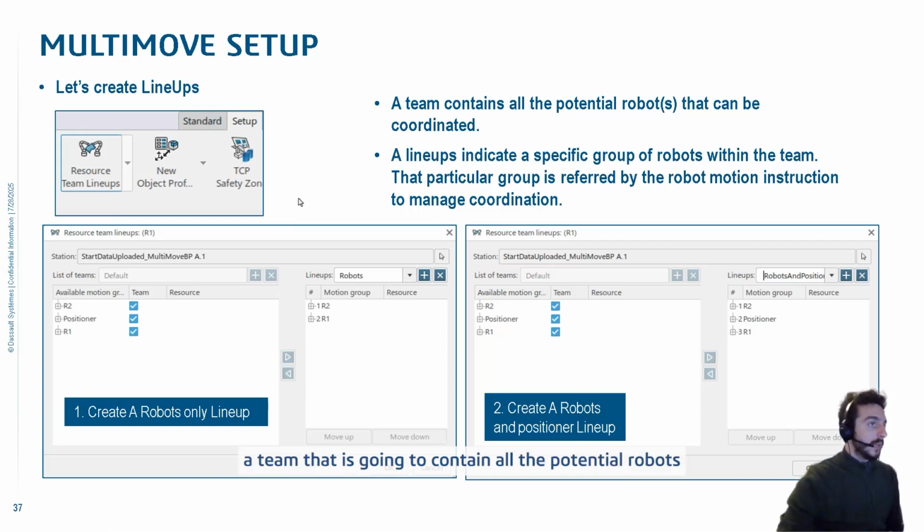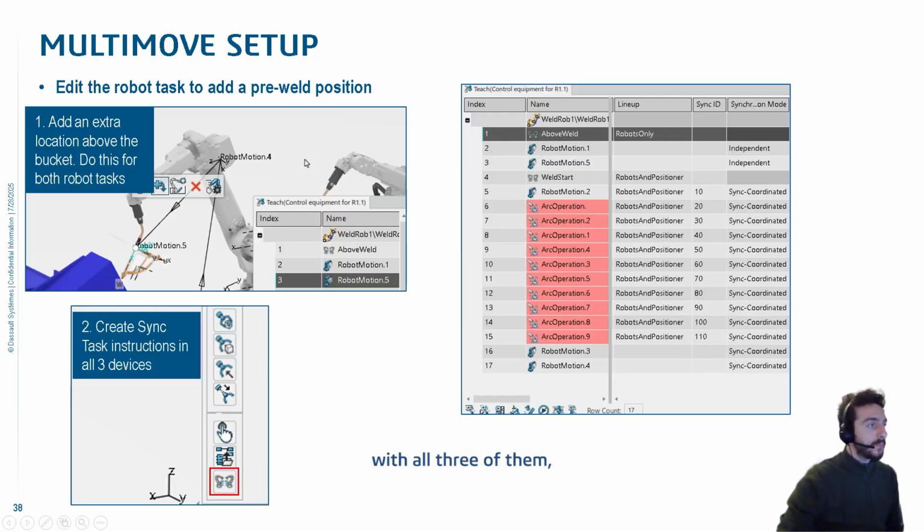A team is going to contain all the potential robots that can be coordinated, and the lineup will indicate the specific group of robots within the team that we were calling, let's say, to freeze or to wait in a certain location. And this is how we manage coordination in ABB. So here I create a lineup called robots with R2 and R1 motion groups, and then a lineup called robots in positioner with all three of them.